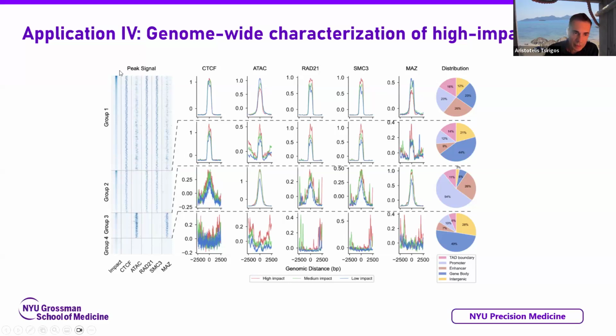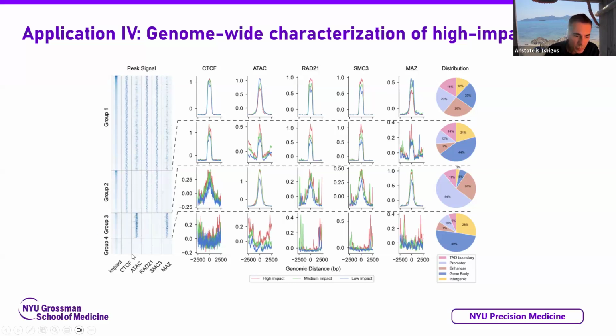So that was a good validation for the in silico perturbation algorithm. Group 2 was interesting because although it was bound by CTCF and cohesin, it was not accessible. So you can see that here, there's no ATAC signal. So this can potentially provide clues about unknown biology that we need to study further.